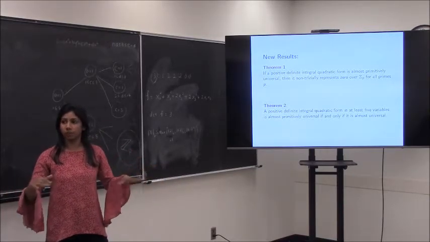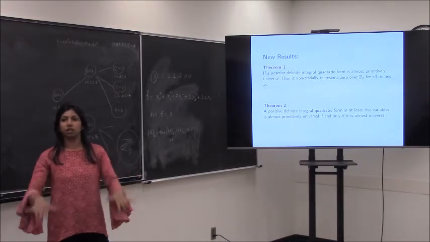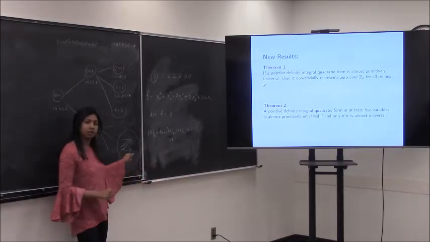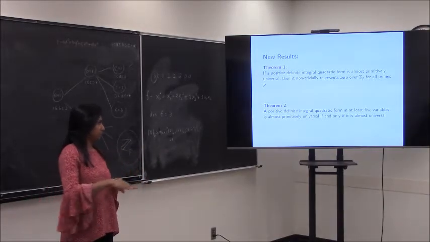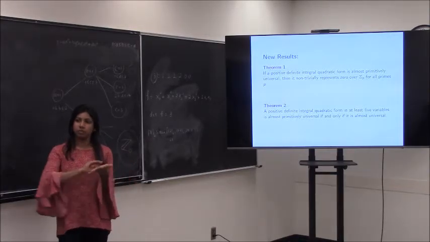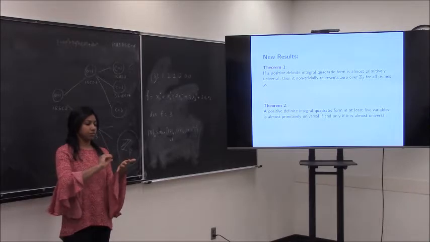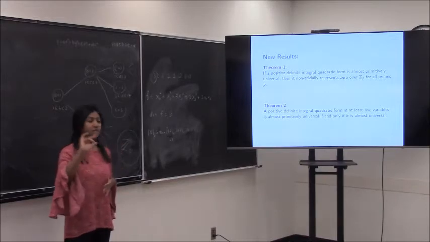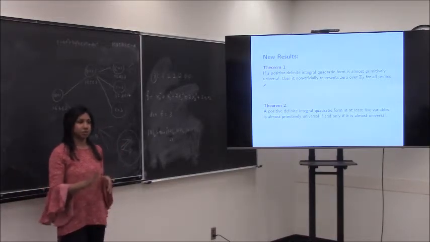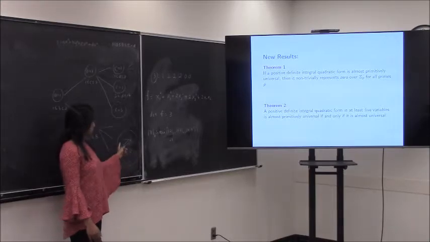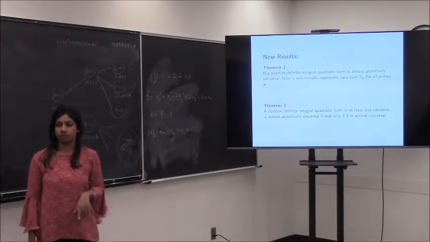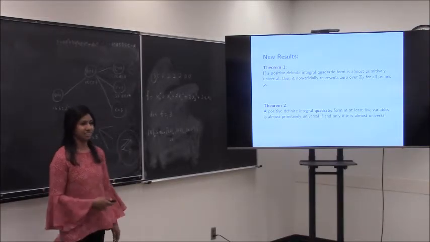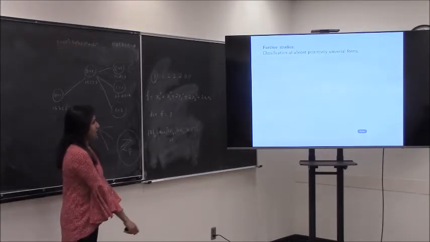When you consider the local computation at Z_p with more than 5 variables, if it is universal, then it is going to be primitively universal as well. So there is no distinction at Z_p either. This is a very important result we found, and I think it's interesting.